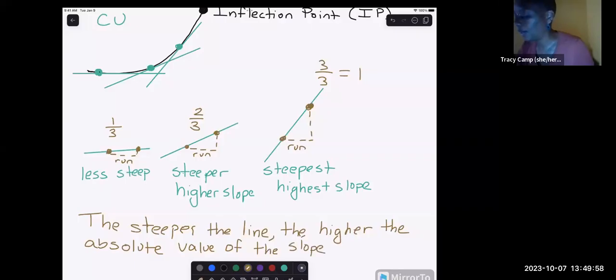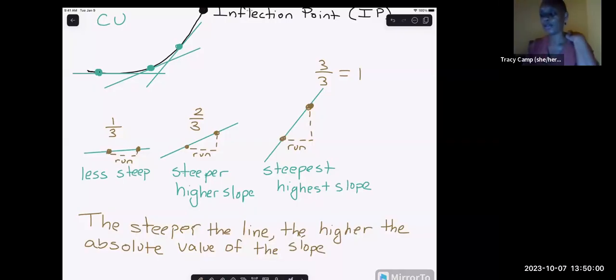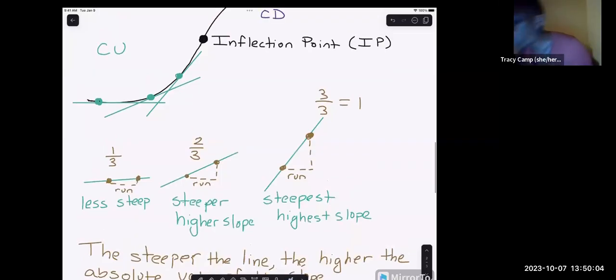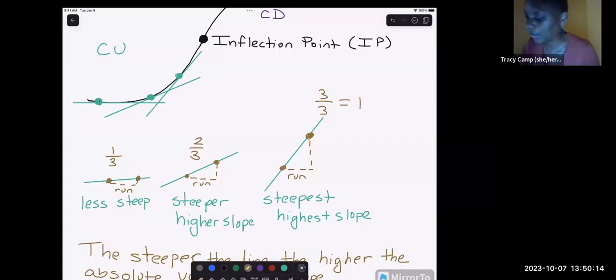And basically that's always going to be the case with concave up. If you have a graph that's concave up, that means that the slopes of the tangent lines are increasing.